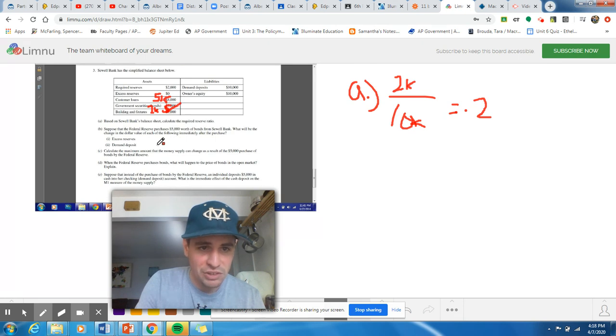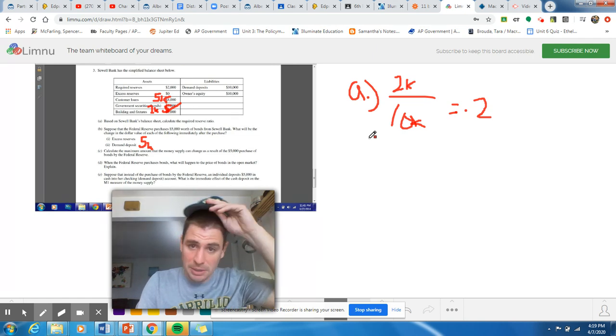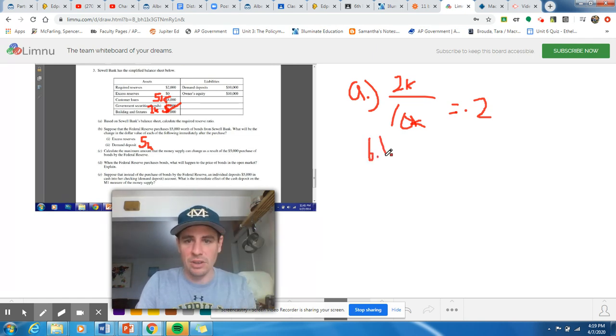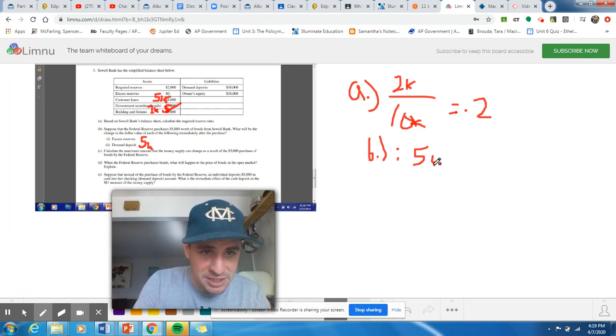So what will be the change in dollar value of the purchase? Well, B-I is 5K. Thank you to my assistant. So B-I is 5,000. Well, what is the total change in demand deposits as a result of that purchase of bonds?